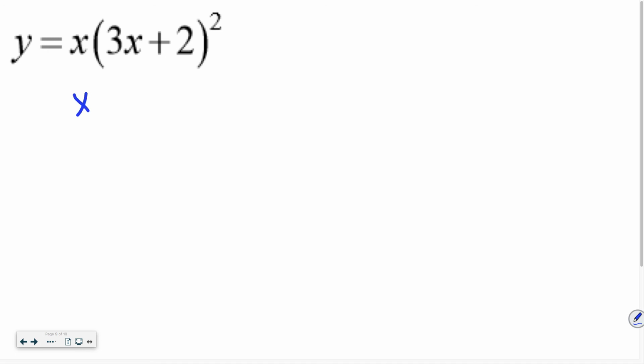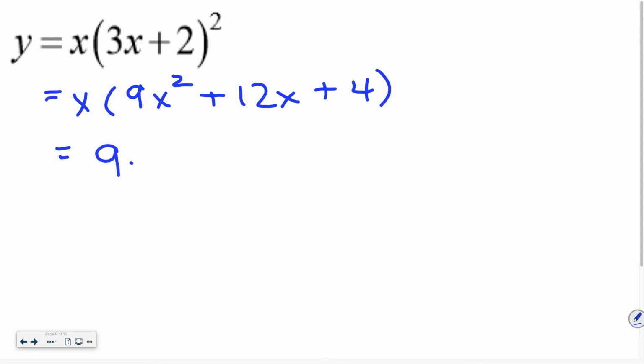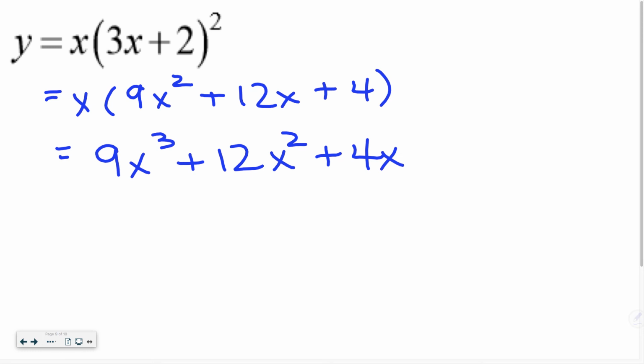So this is 9x squared plus 12x plus 4 if we multiply that out. Do you agree with that? Then we can multiply to 9x cubed plus 12x squared plus 4x. Now we have individual terms that look like ax to the power, so now we can apply the power rule.